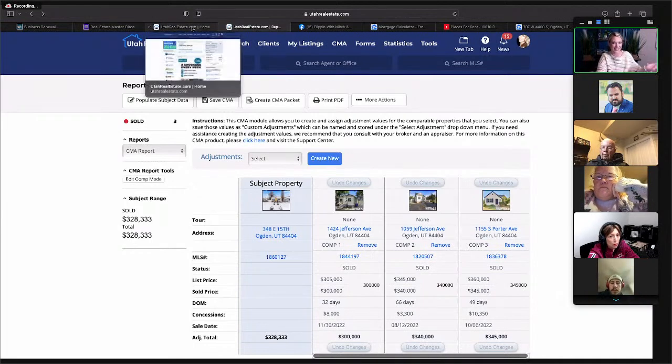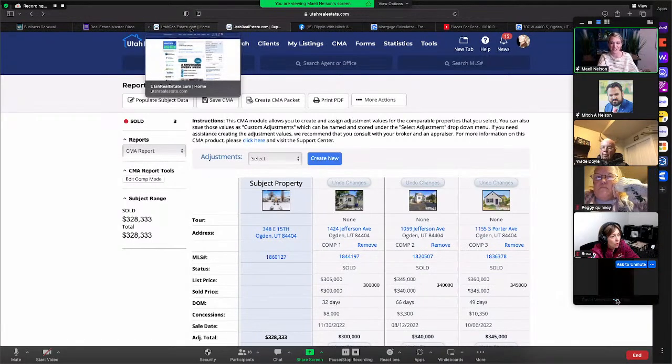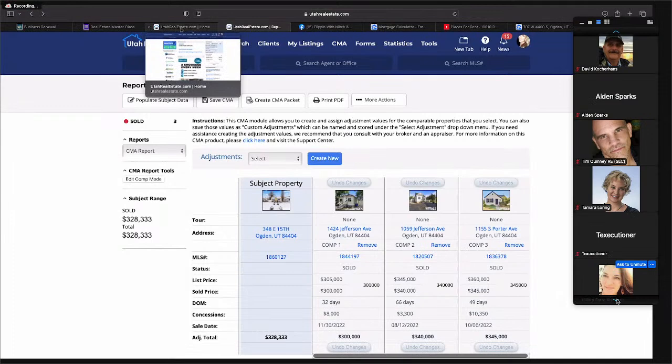With Zillow, there might be only one or two comps just because nothing has sold.